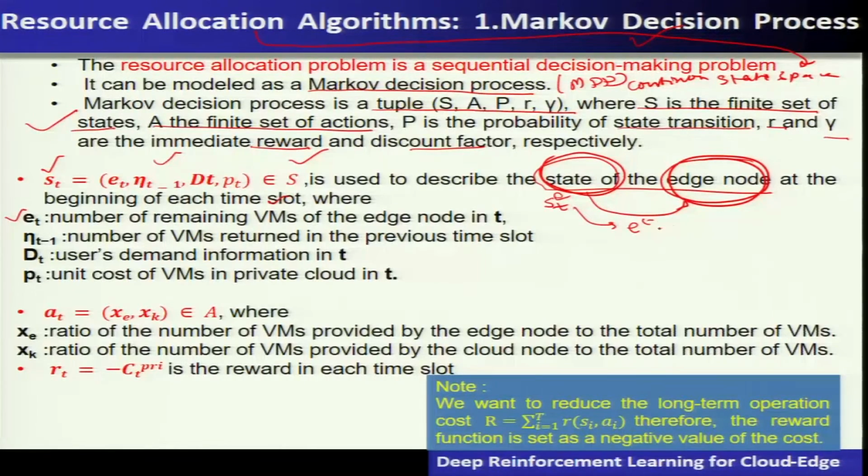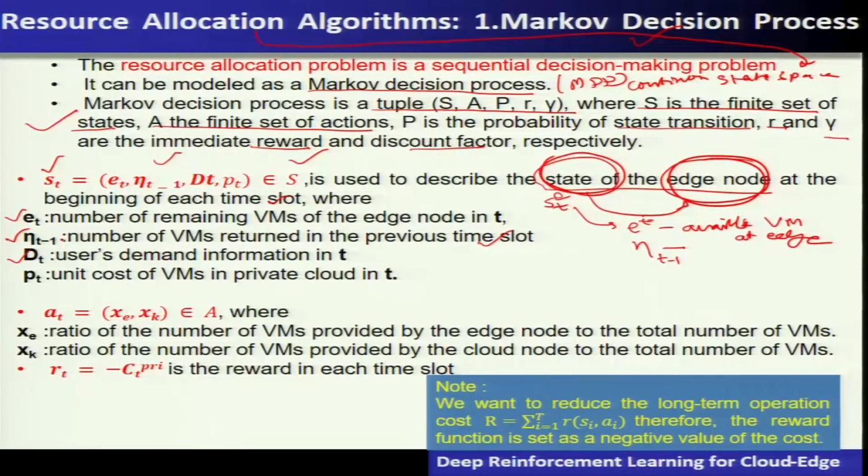So E of t is the available virtual machines at the edge, and then eta of t minus 1 is the number of virtual machines which are returned from the previous time slot.